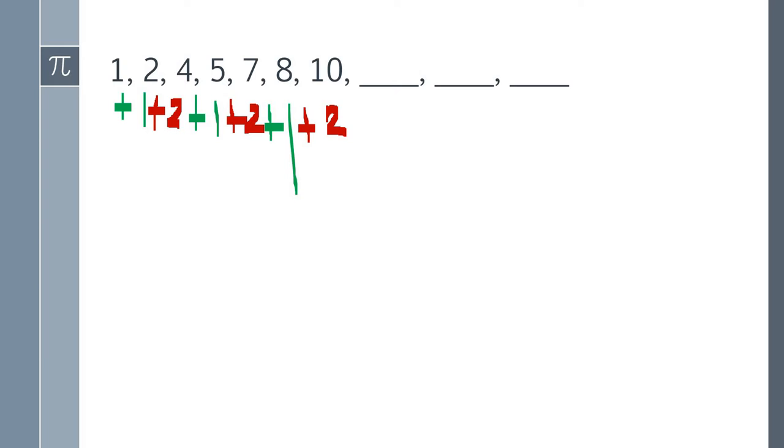So looking at the pattern, we add 1, then we add 2, then we add 1 again, then 2, then we add 1 again, then 2. So the pattern will tell us what to do to the next 3 missing numbers. We will simply add 1 in order to get the number after 10, and that gives us 11.